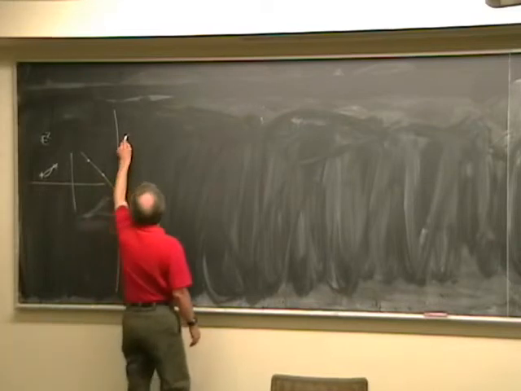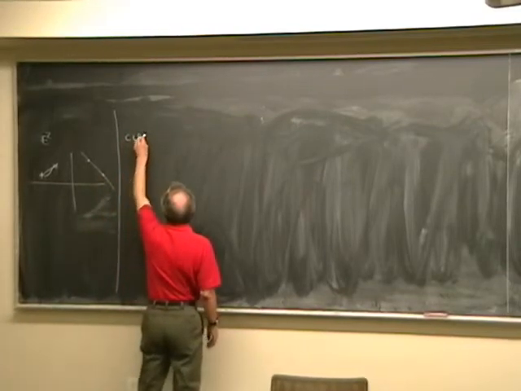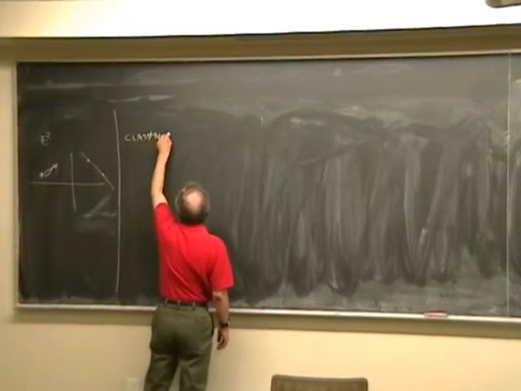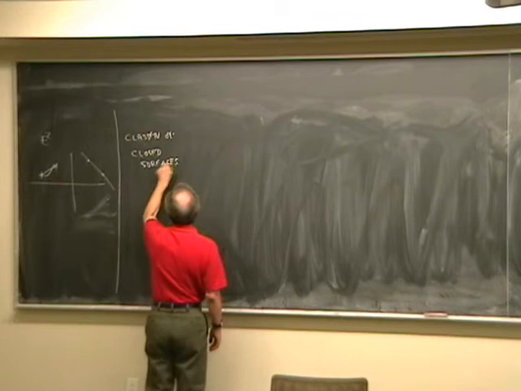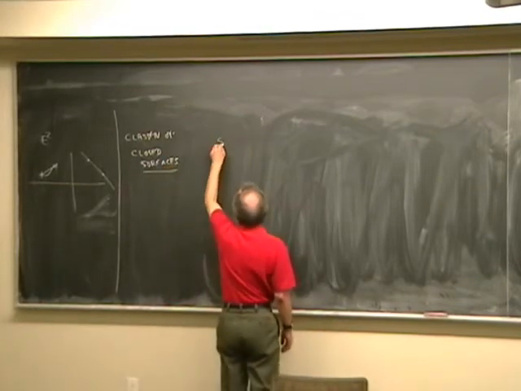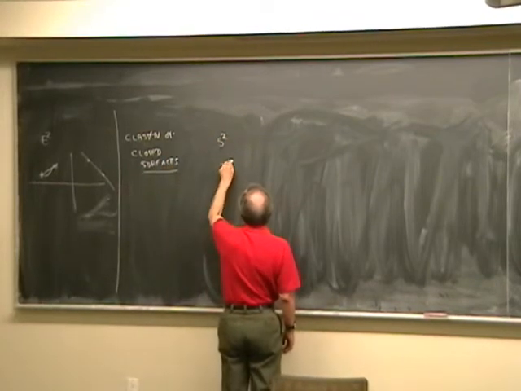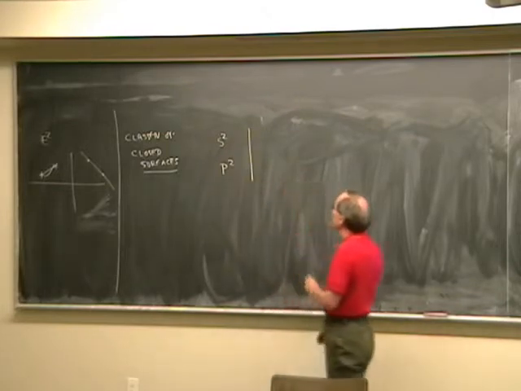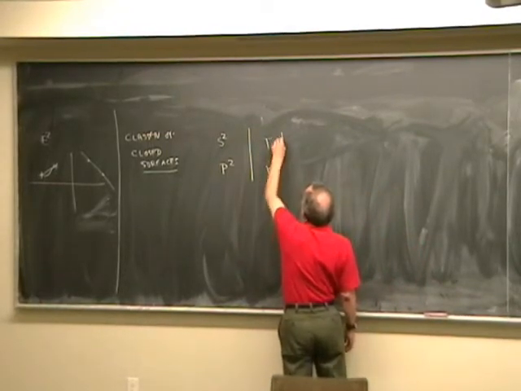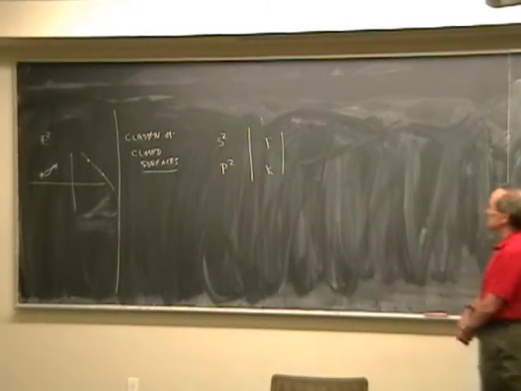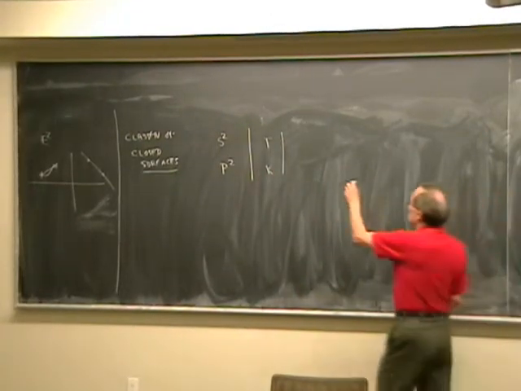If you look at the classification of closed surfaces, there's a two-sphere and projective plane, which I'll put together. There's a torus and a Klein bottle, which I'll put together. And then there's the rest. These are the higher genus surfaces.